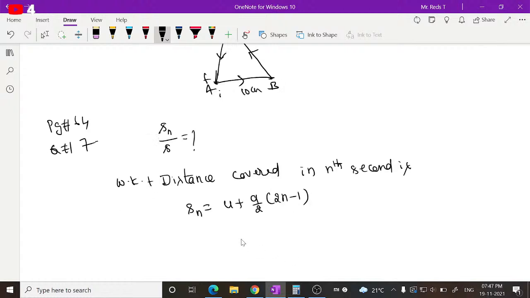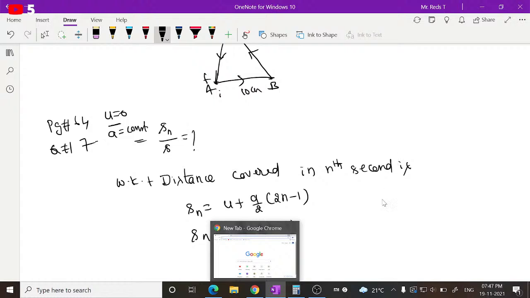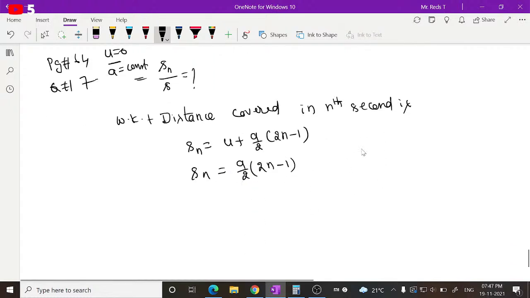The body starts from rest, so u equals 0. It is also moving with uniform acceleration, so a is constant. Then Sn equals a by 2 into 2n minus 1 is the distance covered in the nth second.